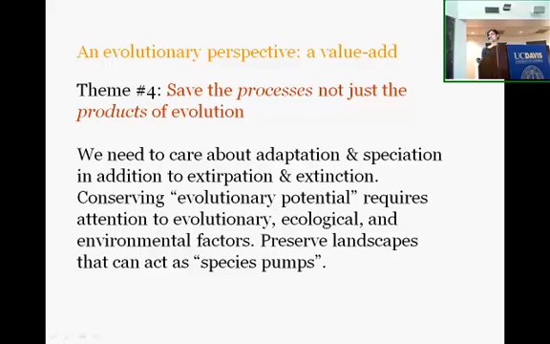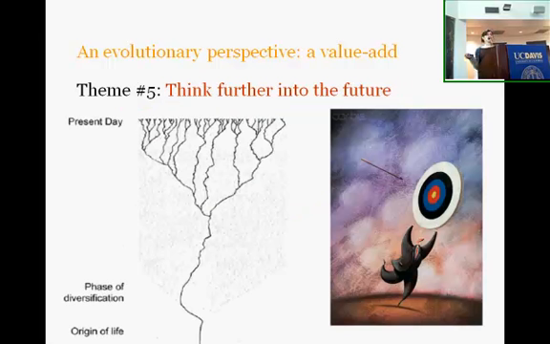And so there's some interesting literature in the evolutionary conservation world about thinking about, in addition to preserving and conserving species, preserving landscapes that might have particular features that act as what we call species pumps, as ways to generate biodiversity.